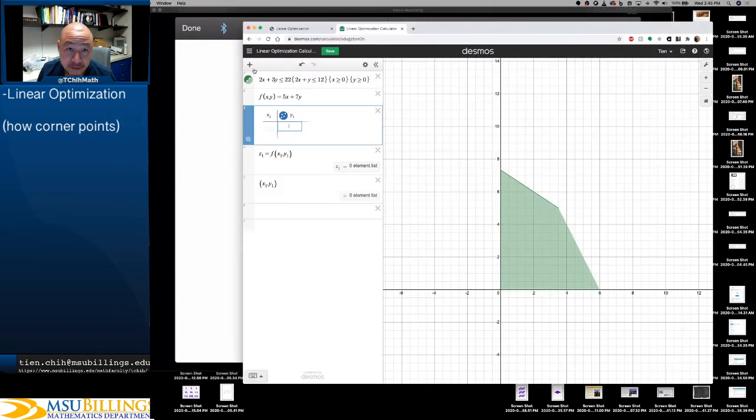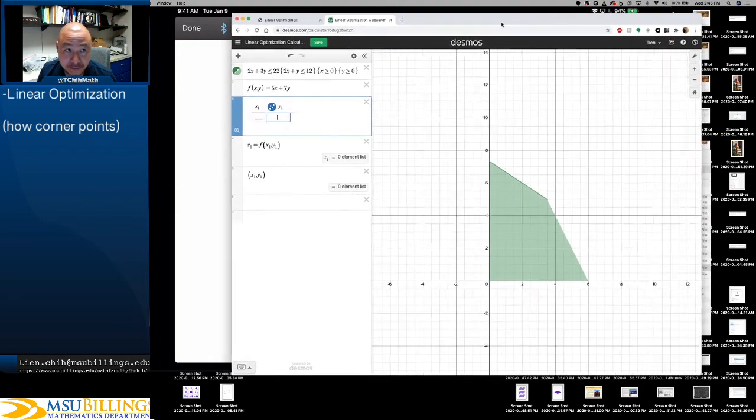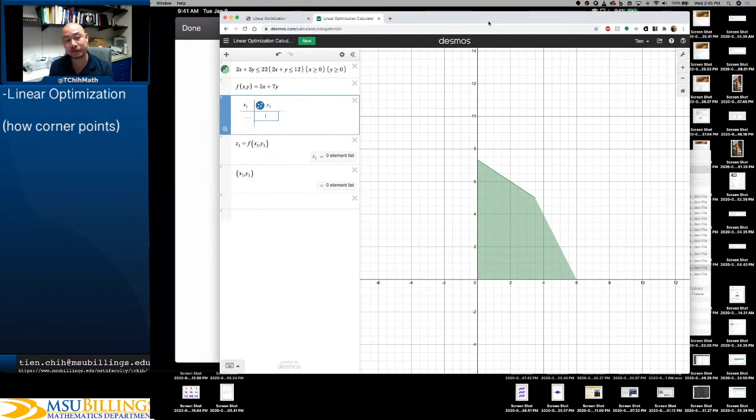And so, just like before, what we've done is we plotted out the region in question: 2x plus 3y less than or equal to 22, 2x plus y less than or equal to 12, x and y non-negative. And here we have f of x, y being defined as 5x plus 7y.